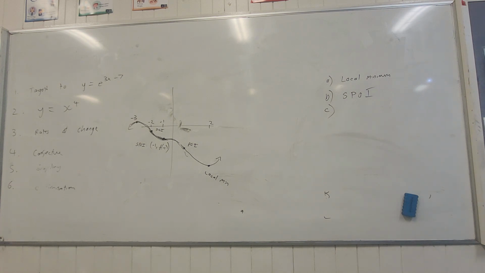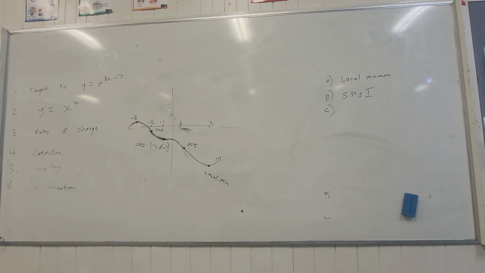On to C. The graph of f of x has 1 point of inflection at x is 5. Okay, that's fine. Determine intervals where f dash of x is increasing.